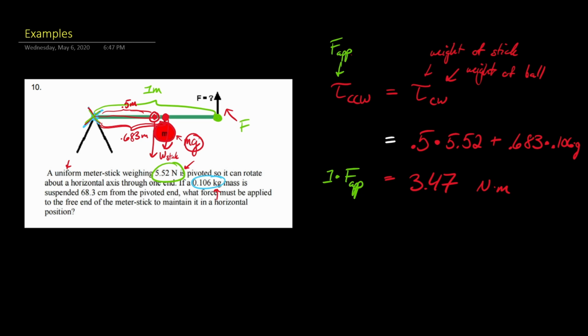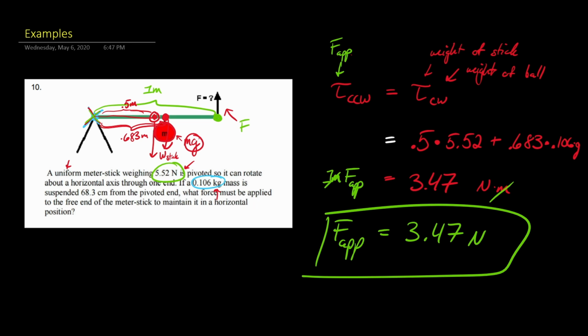We have 1 times F equals 3.47, so that just tells us instantly that F needs to be 3.47 newtons. Remember, because this is a meter, when you divide both sides by meters, you get units of newtons, as you need to for a force. So this is the force that makes counterclockwise torques equal to clockwise torques.